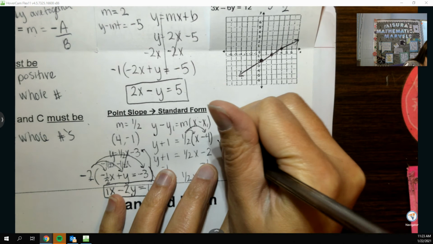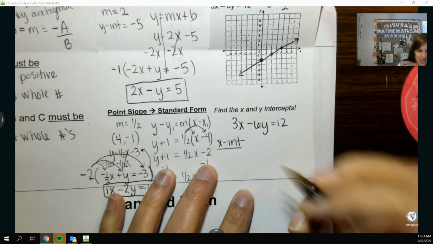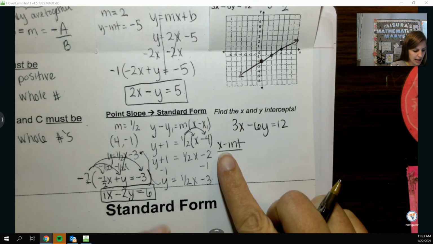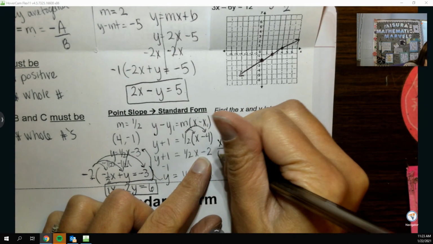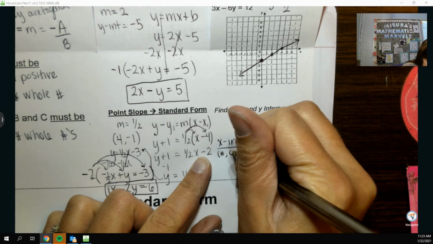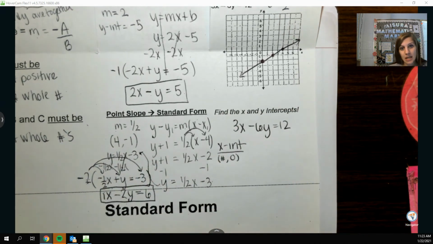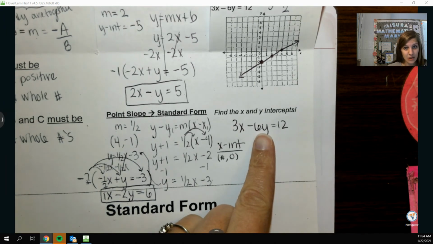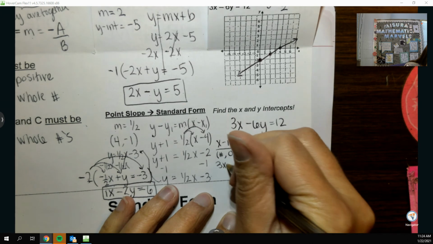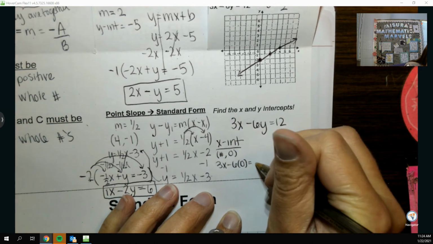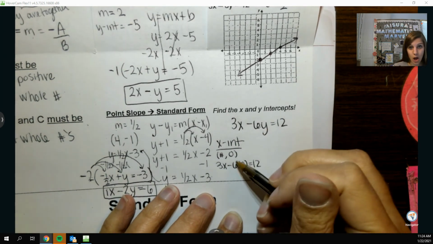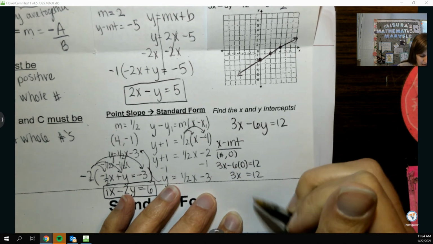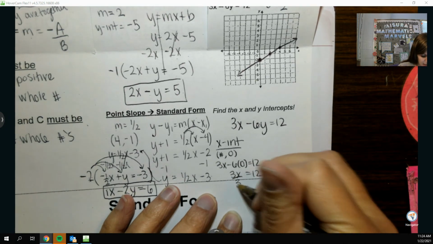So to find the x-intercept, which is like a y-intercept, except it's on the x-axis, the x-intercept will always be at the point some number, comma 0. And since it's always going to be at something, comma 0, I can put 0 in for y, and that will make the y term all disappear. So we just have 3x equals 12. Then I can solve for x by dividing by 3.